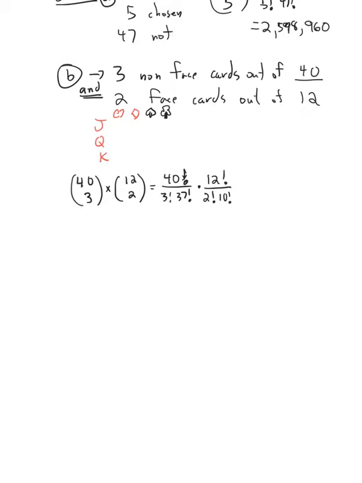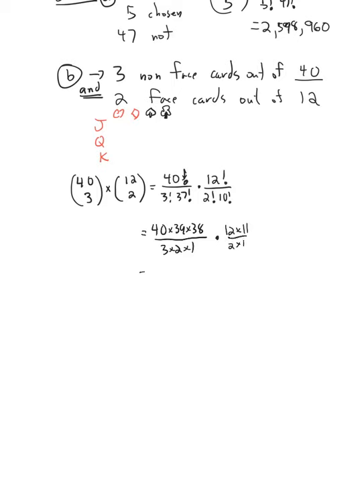So 40 choose 3, well, I'm going to get 40 times 39 times 38, and everything from 37, 36, all the way down is going to cancel out with 37 factorial, and then I can cancel the factors from my 3 factorial. So this is going to be just like the previous questions, 40 times 39 times 38 over 3 times 2 times 1, which I can cancel out. And over here we're going to get 12 times 11 over 2 times 1.